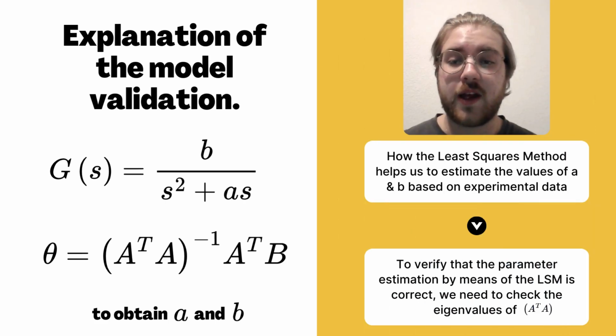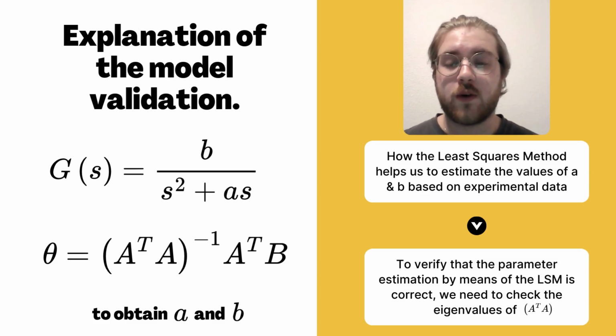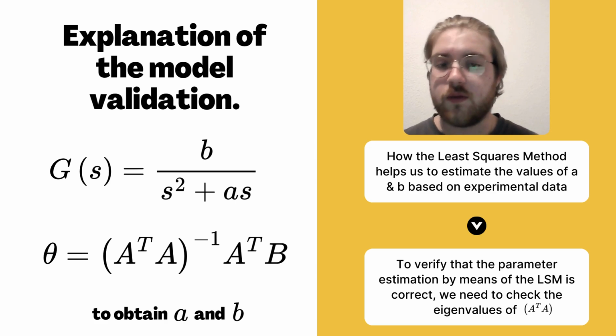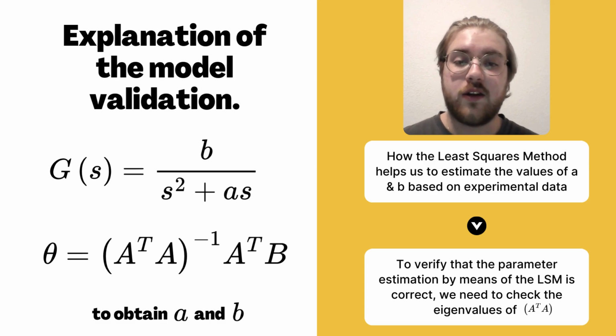To find the parameters A and B of our plant, being B over S squared times S plus A, first we need to apply the inverse Laplace transform. Having this plant in the time domain, we can rewrite it in the form y equals A theta, for which the solution applying the least squares method is theta equals this function below. In this function, you have a term that is A transpose times A, and it is inverted.